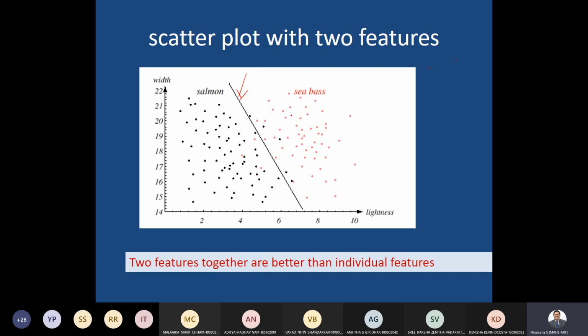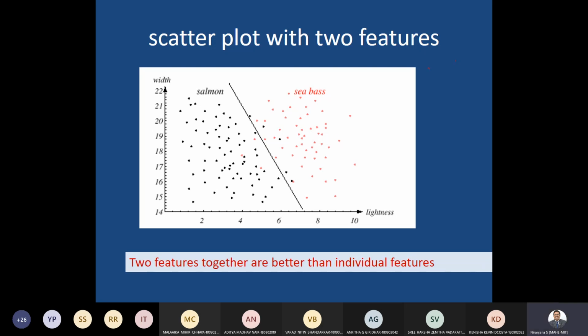This is what happens here also. There may be some outlier samples, or sometimes it may not be possible to distinguish even when looking at two features to explain your patterns. Because of that, some samples are still in the other class, right?